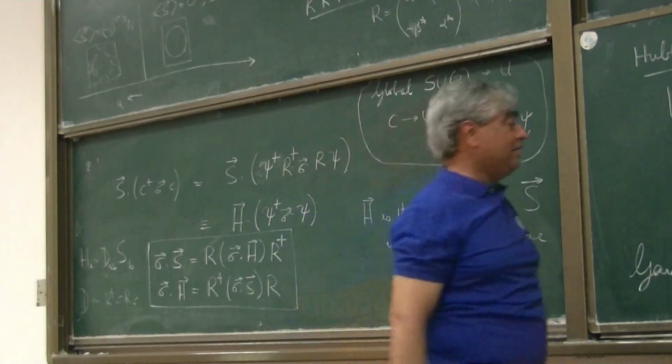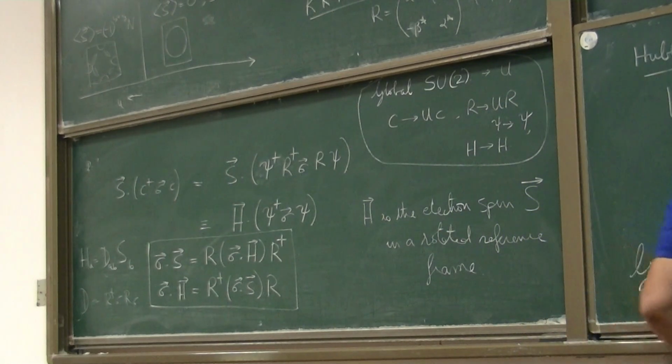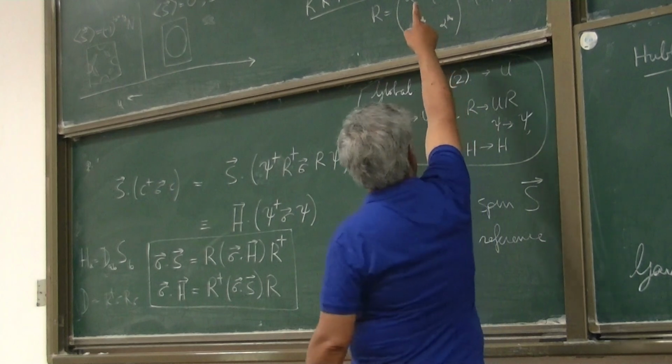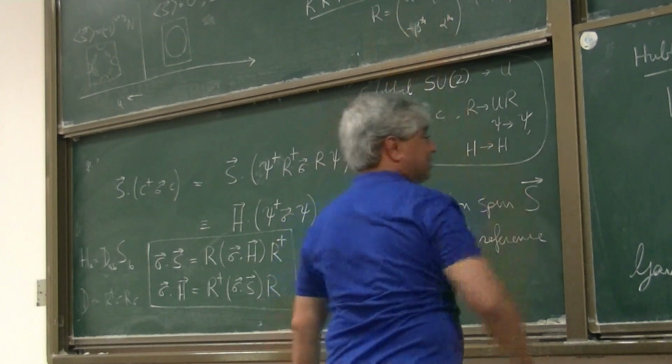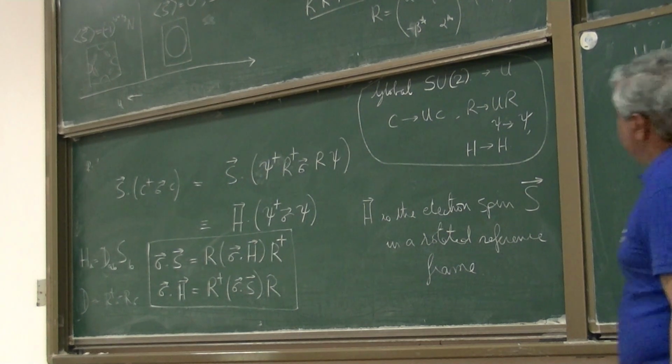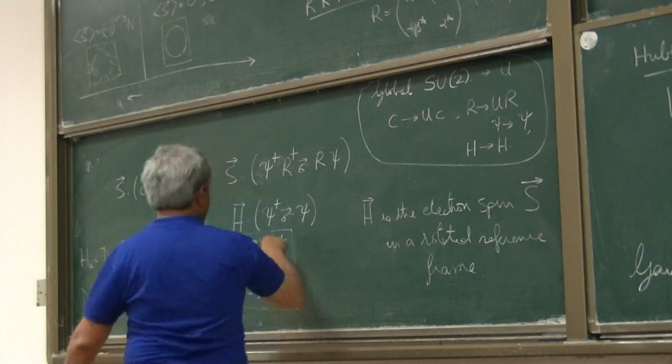Under this action of V, let's say psi goes to V times psi. And then R goes to R times V dagger. And then you see that C goes to C.